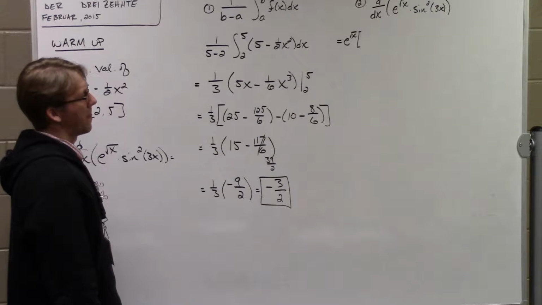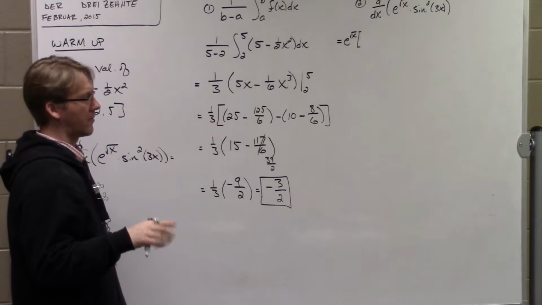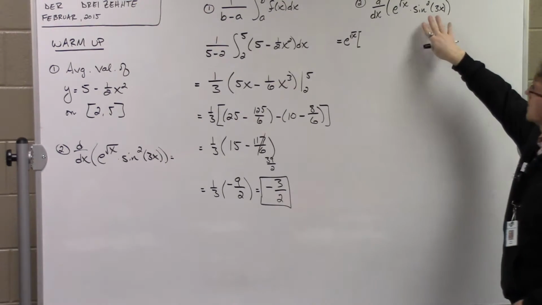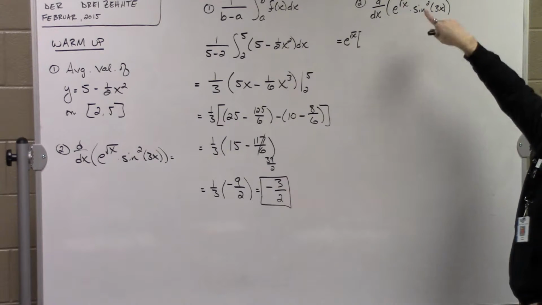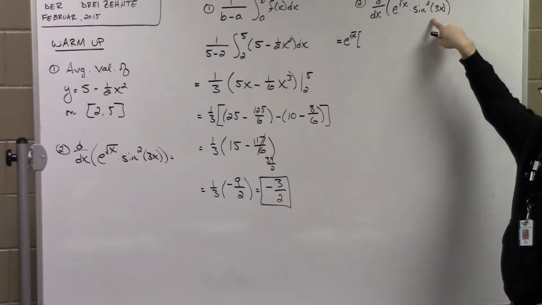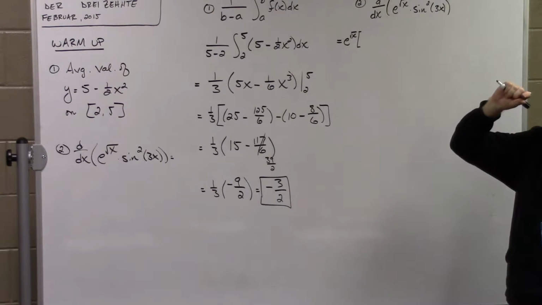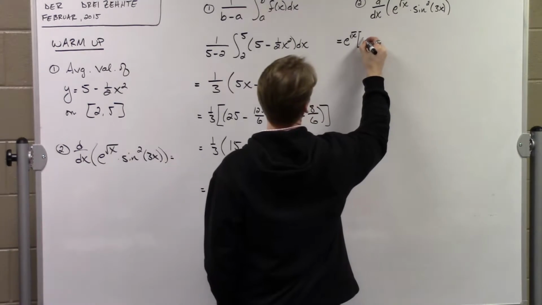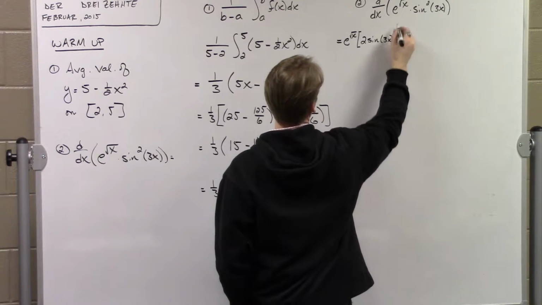Think about this in terms of outside function, inside function. At its heart, it is something squared. So my outside function is something squared. Inside that, we have sine. Inside sine, we have 3x, so it's a chain inside a chain. Derivative of something squared is 2 something to the first.